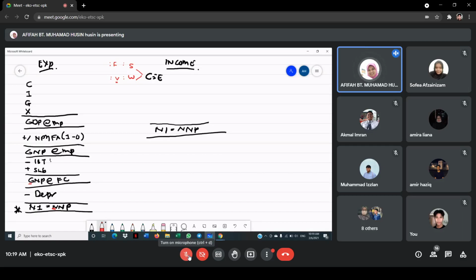Okay, so we have compensation to employee. Compensation ni employee dia ada dua subkategori. Satu, wages dengan salary. Satu lagi, supplement to wages and salary. So supplement meaning to say wages and salary, kalau Melayu kata gaji pokok. Okay, gaji pokok, you will receive that. You work, you will receive that.